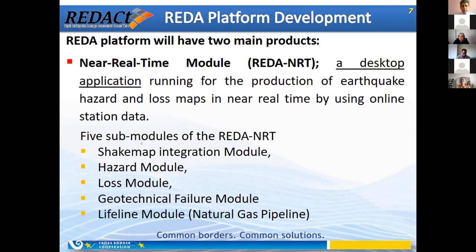There will be 5 sub-modules of the REDA near real-time model: the shake map integration model, the hazard model, the loss model, the geotechnical failure model, and, as we mentioned, the lifeline model for the natural gas pipeline.